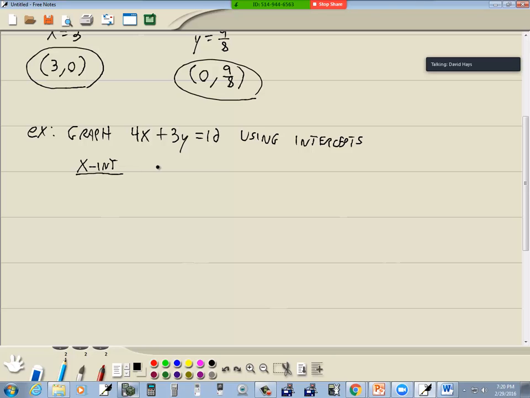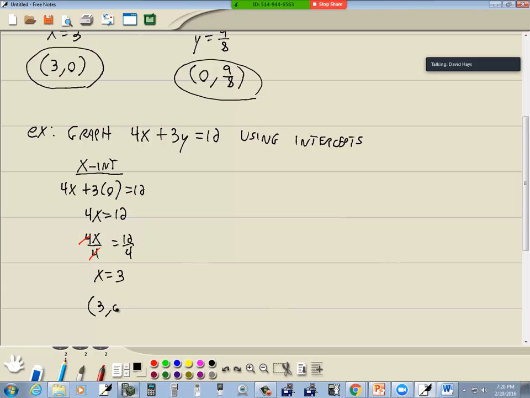For our x-intercept, we'll plug 0 in for the other variable, so we'll plug 0 in for y. So I got 4x plus 3 times 0 is equal to 12. 3 times 0 drops away, so we got 4x is equal to 12. And to get the x by itself, we're going to divide both sides by 4. And those 4's cancel. And we get x is equal to 3.